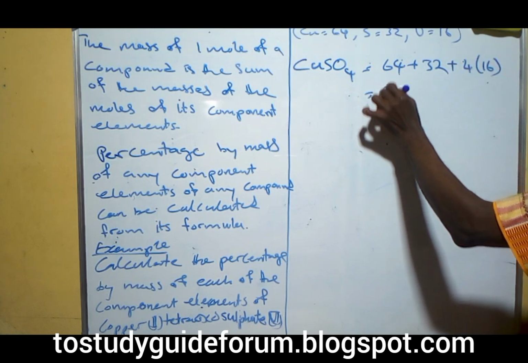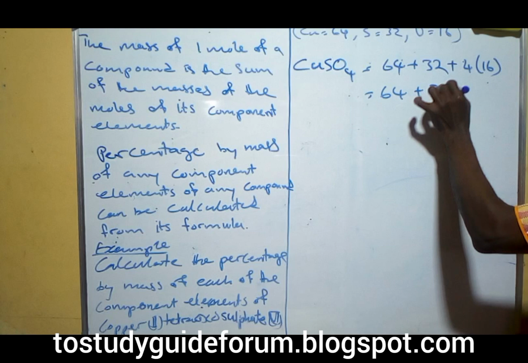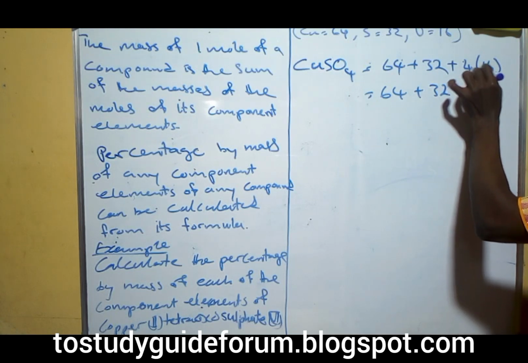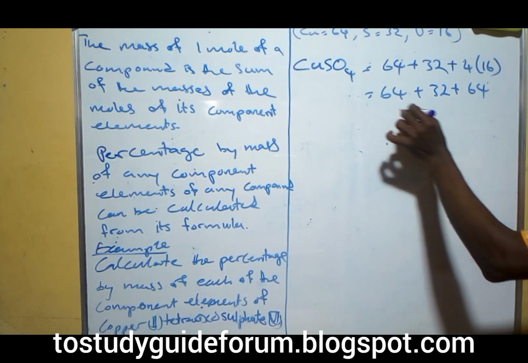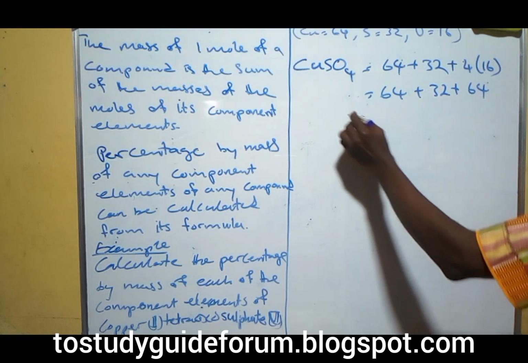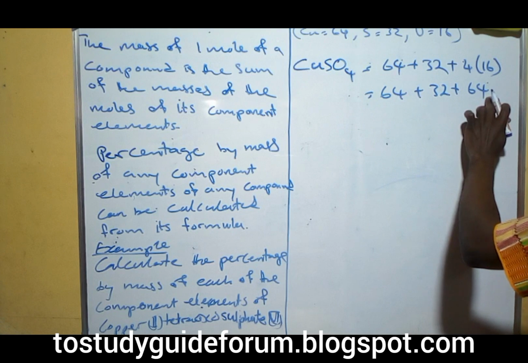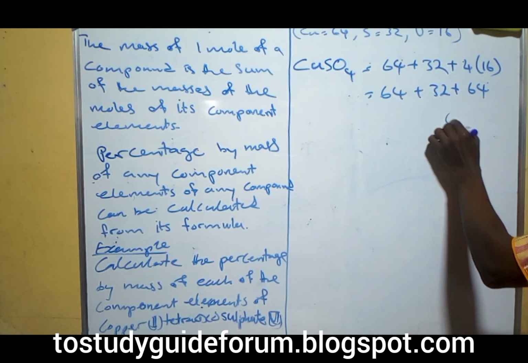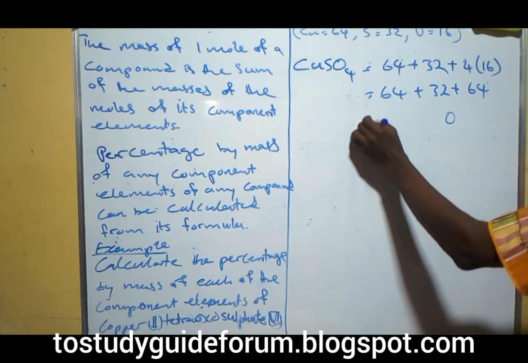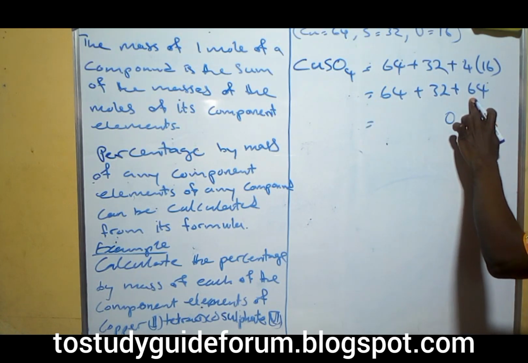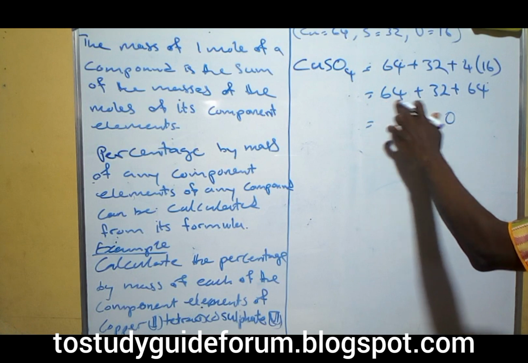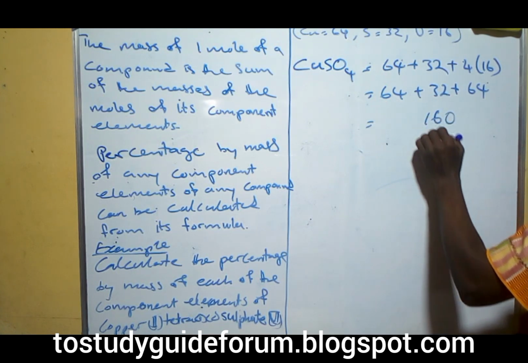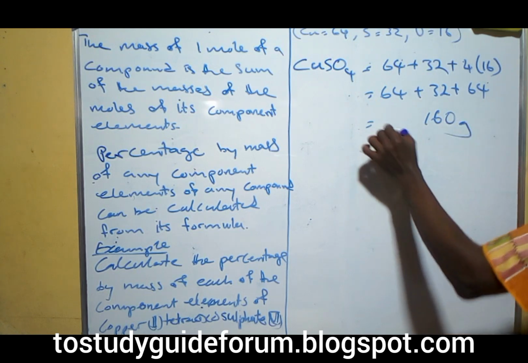So what we have here, we should be 64 plus 32 plus this. When we sum up everything we have, we get 160 grams.